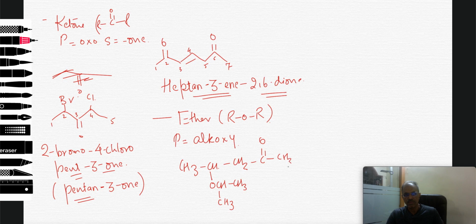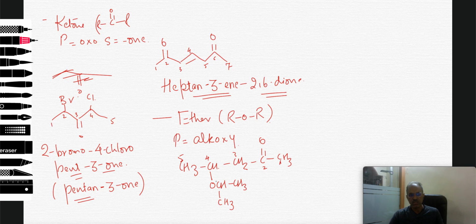Although I will have to start the naming from here, 1, 2, 3, 4, and this will be 5. So we can see, as we have seen this, it is alkoxy. Now this is, you can say, an isopropyl complex ligand. Isopropyl, if you can remember this, CH, CH3, you can say 2-methyl, no? It's 1, 2, 2-methyl.